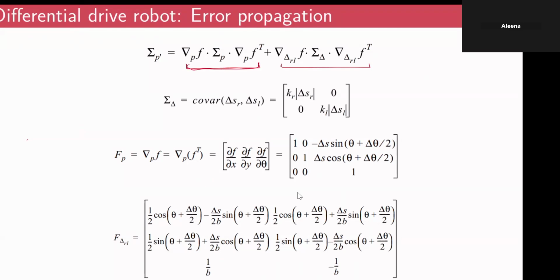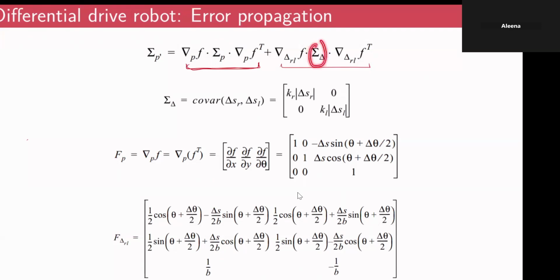At the very first step, we exactly know the position of our robot, because we know where we placed it. So at the initial stage, the covariance matrix sigma p will be a zero matrix. But this other term will be a non-zero matrix.